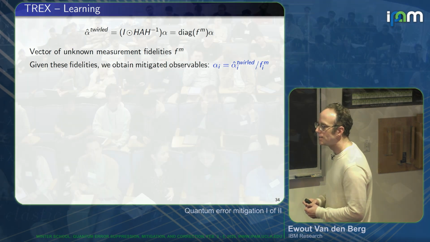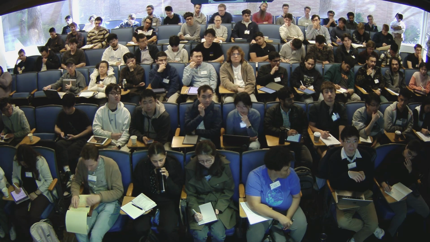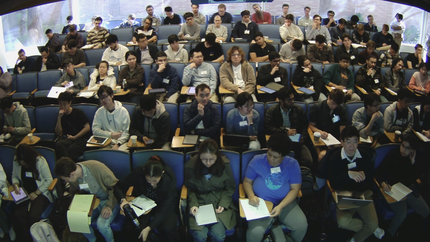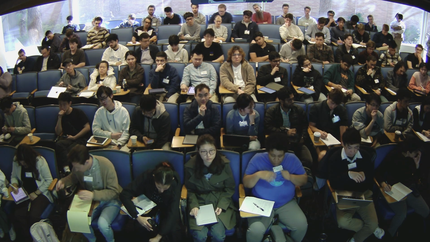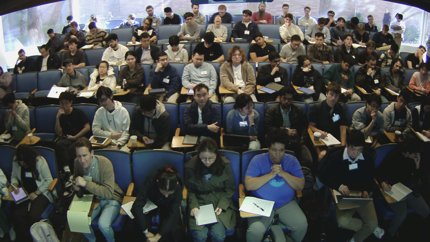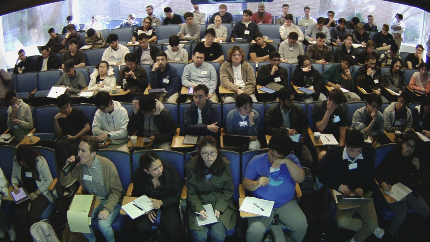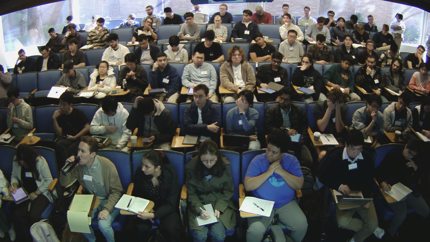Yes, question. I was thinking of this earlier. On paper, it looks like you only really need to twirl over I and X. You don't need the others. However, in practice, you always need to twirl over the whole Pauli group.